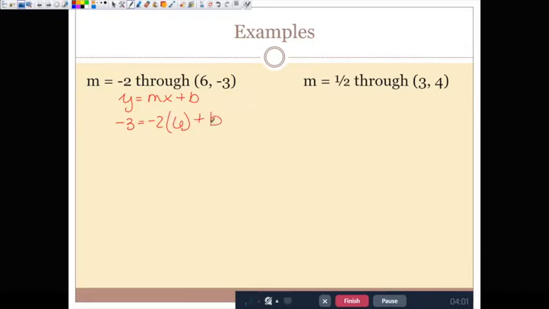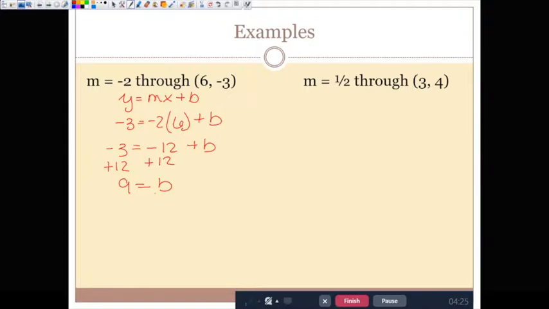And I don't know b, so that's what I'm going to be looking for. So I'm going to multiply negative 2 times 6 and get negative 12. Add 12 to both sides. Negative 3 plus 12 is 9. So b equals 9.